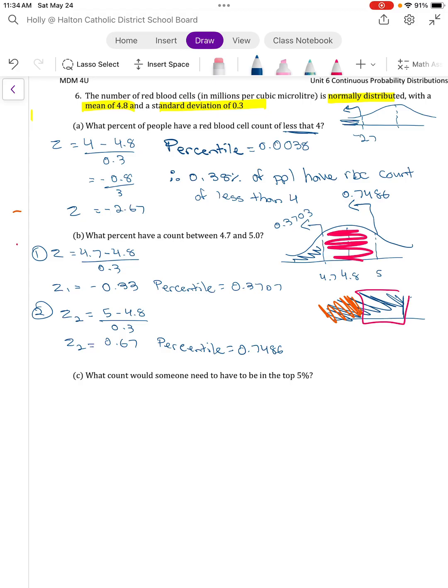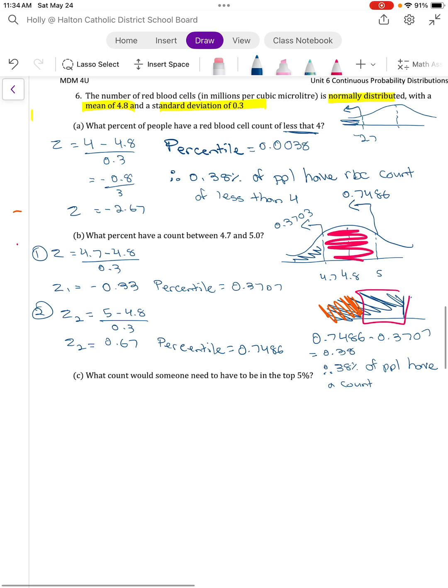So now we can look at the difference. 0.7486 minus 0.3707, that gives me 0.38. So therefore, 38% of people have a count between 4.7 and 5.